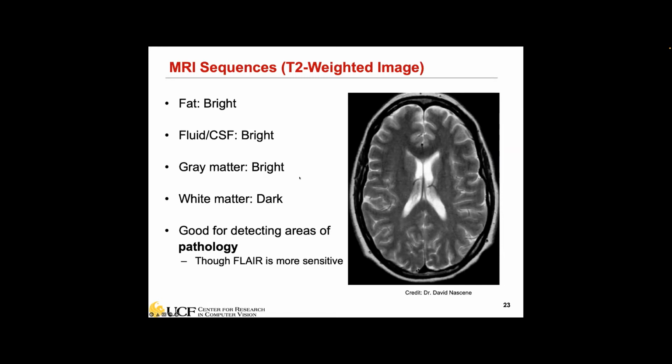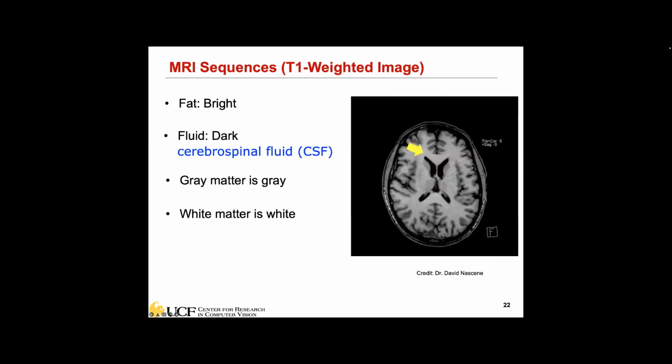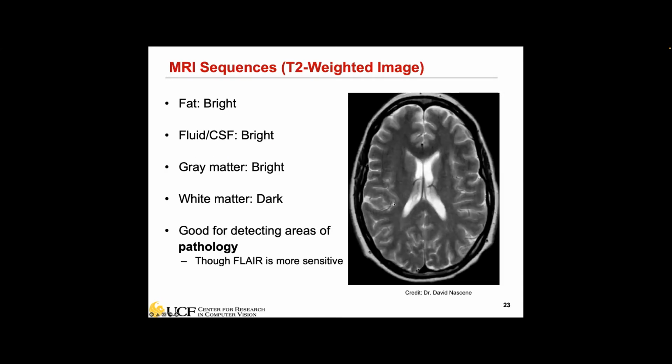And the gray matter, the outside ribbon-like part, is showing bright, which is also the opposite of the T1. On the T1, it is actually gray, and the white matter is white, which is kind of anatomical. But for this T2 weighted image, the white matter is showing dark, which is kind of reverse anatomical.